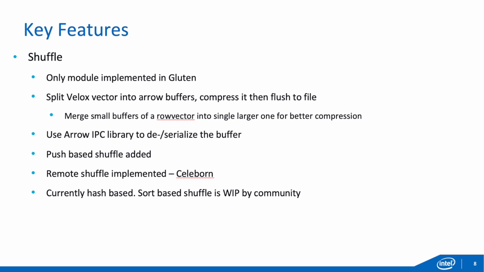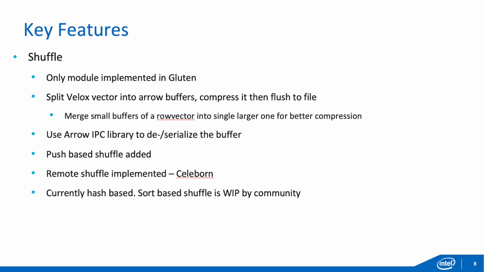If the number of sub-partitions is too large, each split buffer is too small. If we compress a very small buffer, the compression ratio is very low, and the compression overhead is too high, so it takes too much time. So we need to merge.